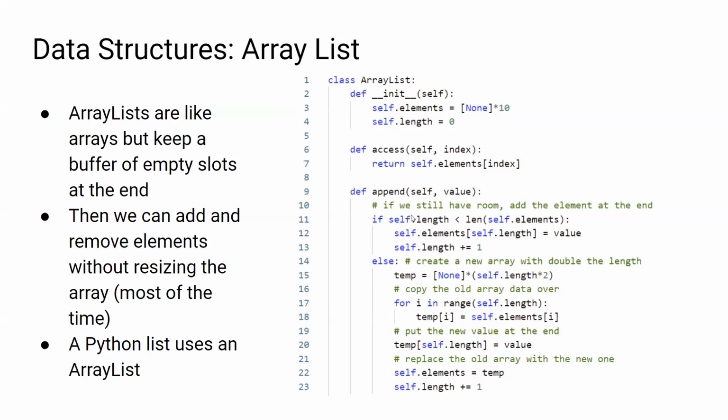When we append things, we check if the current length is less than our real capacity. If it is, we just insert it at the end and increment our length. But if it's not, we reallocate a new list like we did before, but we double the length. So it gets twice as big every time we hit the limit. That cuts back on the number of times we have to resize the whole list. So that's what Python lists use under the hood.